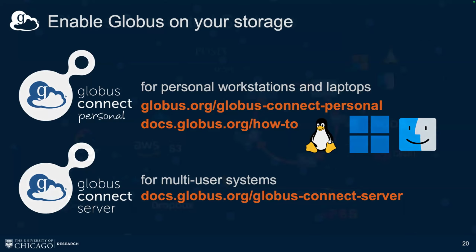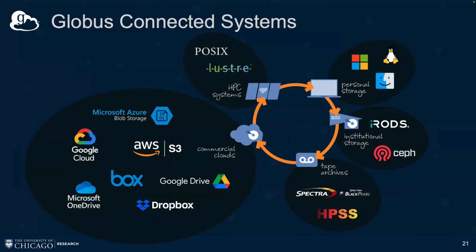Okay, so what types of storage exactly can be connected to Globus? A variety of types. I've mentioned most of them by now. All of the big commercial cloud players, including Box and Dropbox as well. Out of the box, Globus can connect to any POSIX compliant storage system.